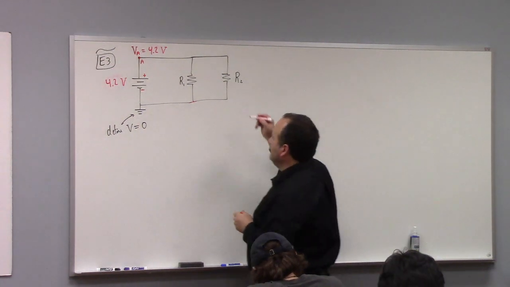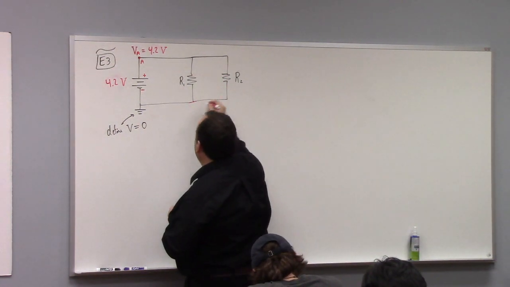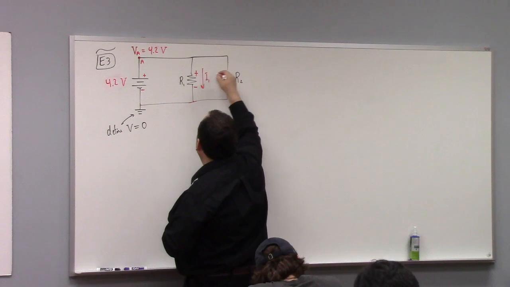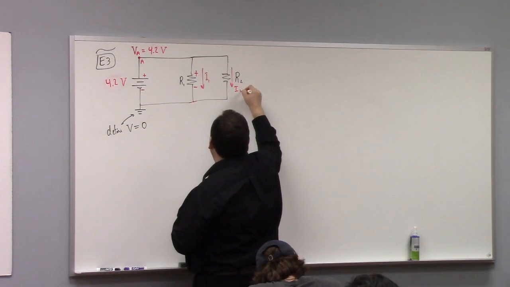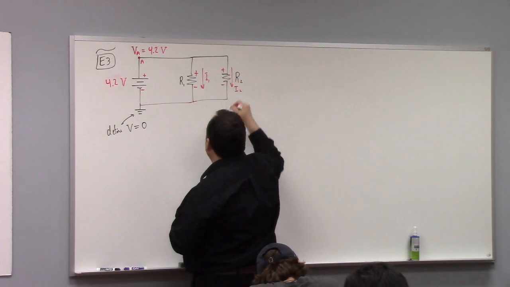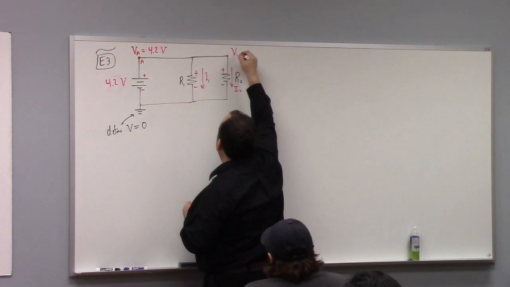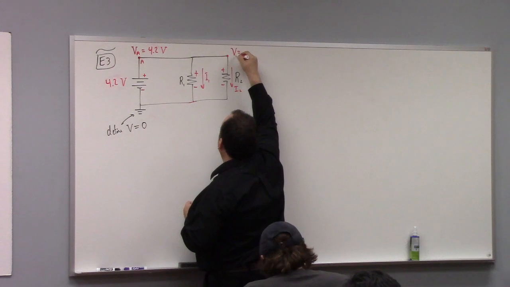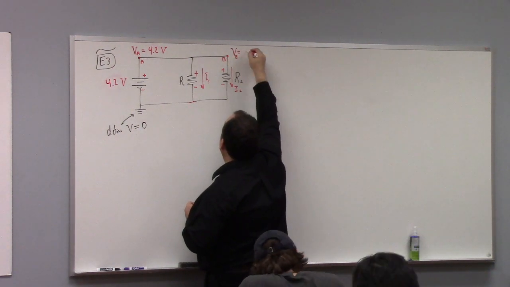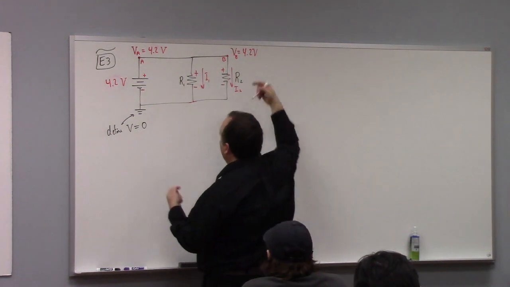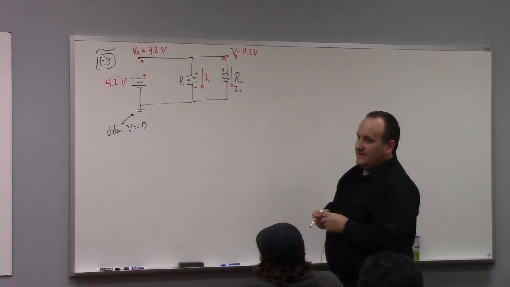And then, once I know that, if this is I1 and this is I2, I've got that the voltage up here is 4.2 volts. I almost never put another label, but VB is equal to VA because they're in fact the same node.